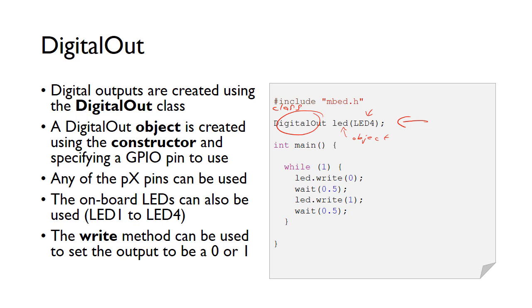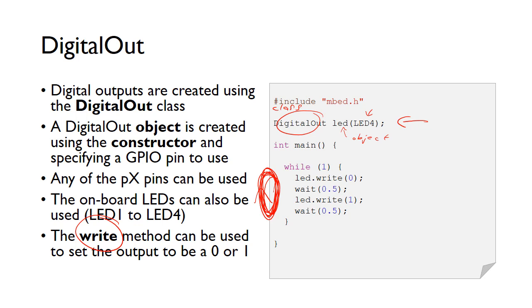Then in our main function, we've just got a while(1) loop. This code is just going to run repeatedly in an infinite loop. Then you can see I've used a write method. By writing a value to that pin, we can control the voltage on that pin and hence control the LED.